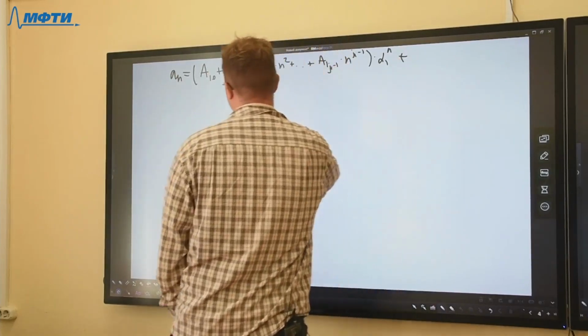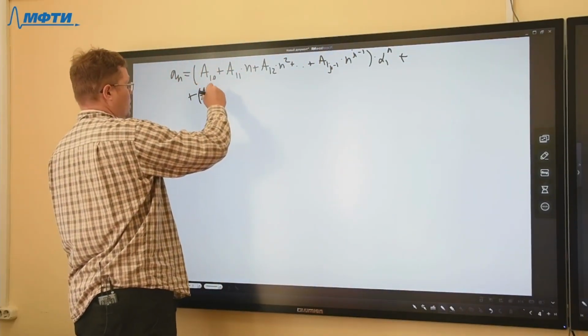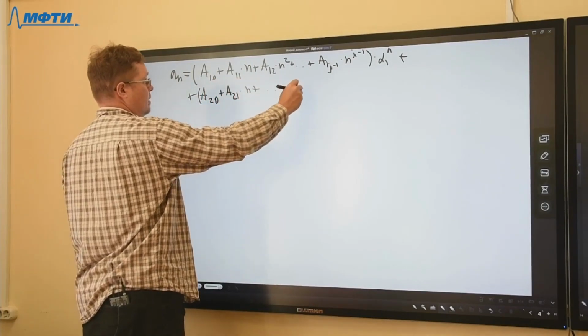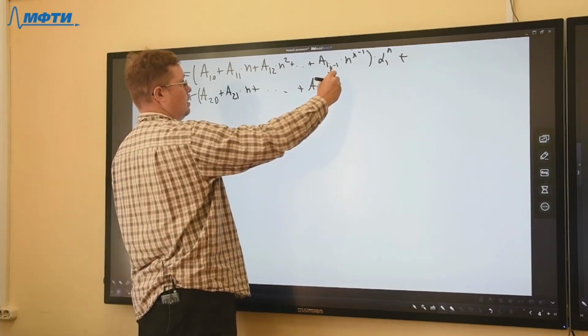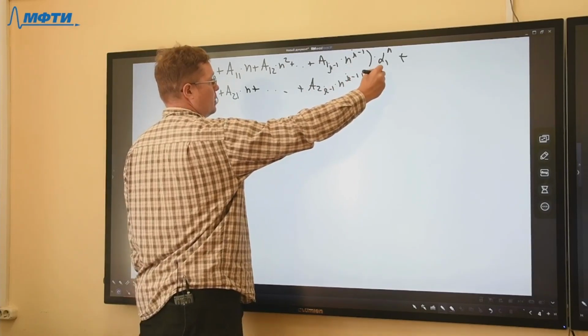And the same holds for all the other roots: a20 plus a21 n plus ... plus a2,j2 minus 1 times n to the power j2 minus 1, times alpha 2 to the nth power, and so on.